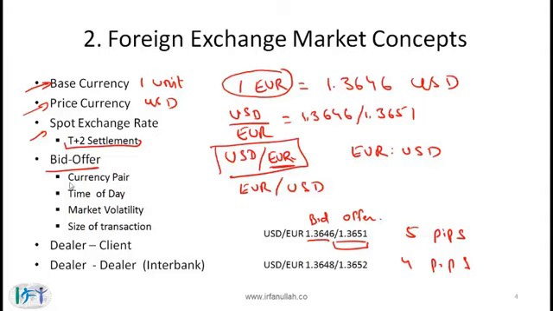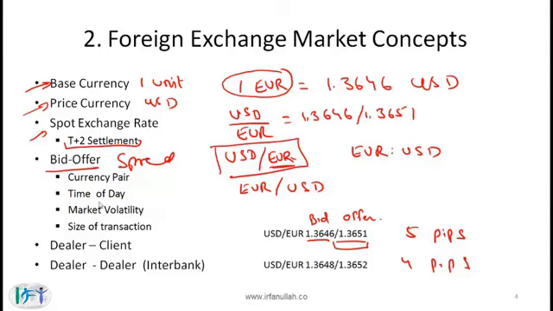And you need to know these 4 points from an exam perspective. So the bid offer spread depends on the currency pair. When you have currency pairs that are heavily traded, such as euro USD, then the spread is relatively low. For currency pairs that are not as heavily traded, the spread will be more.